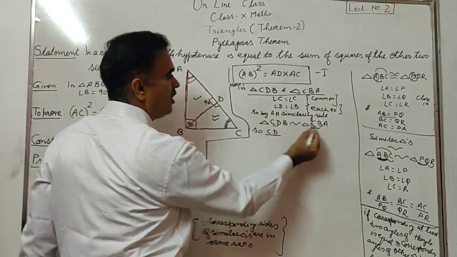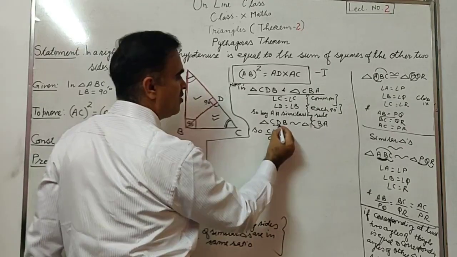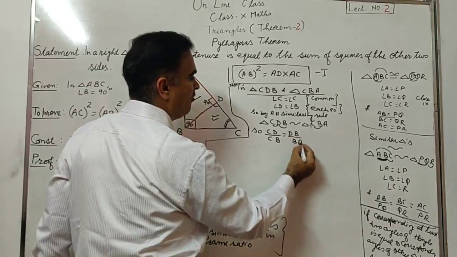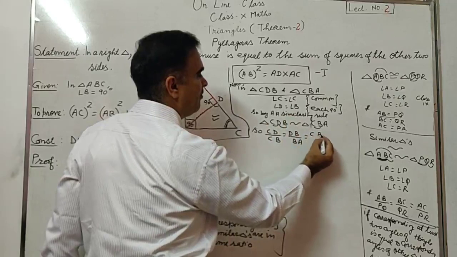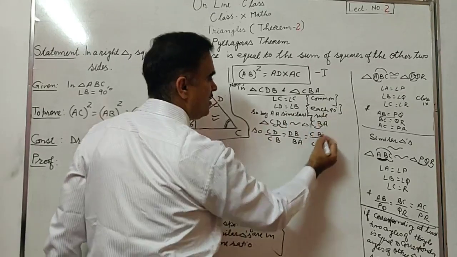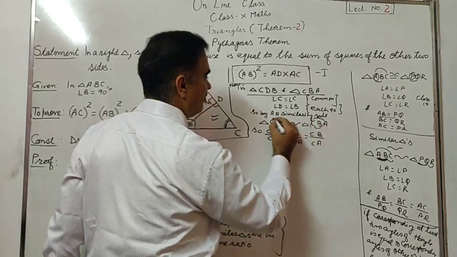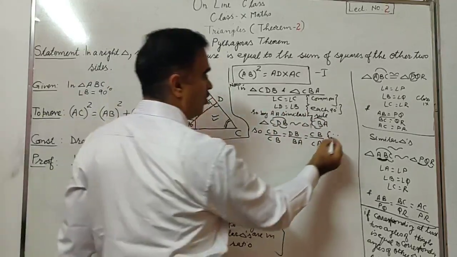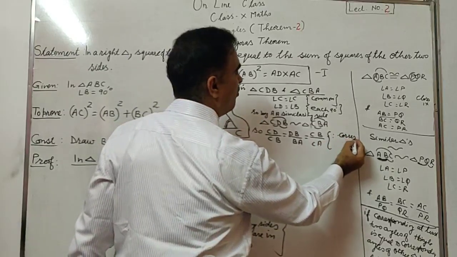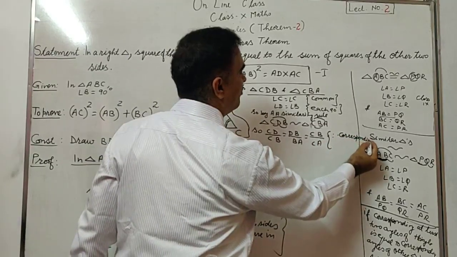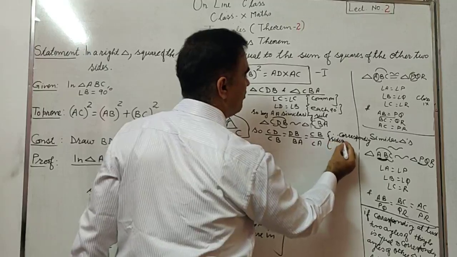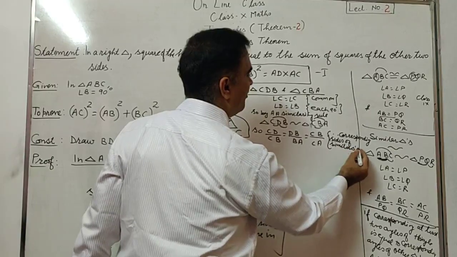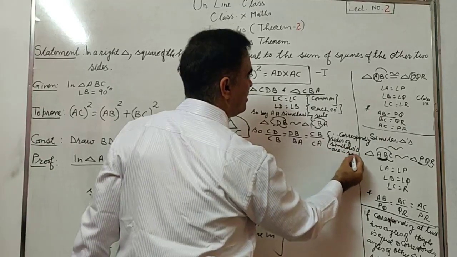CD upon CB equal to DB upon BA equal to CB upon CA, for the same reason: corresponding sides of similar triangles are in the same ratio.